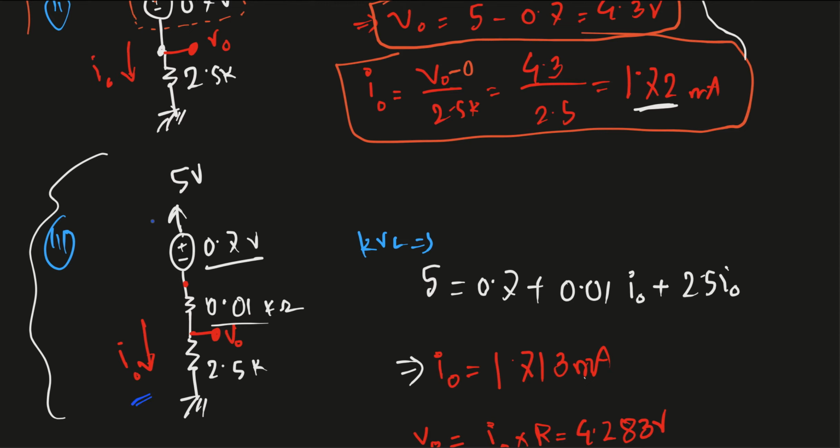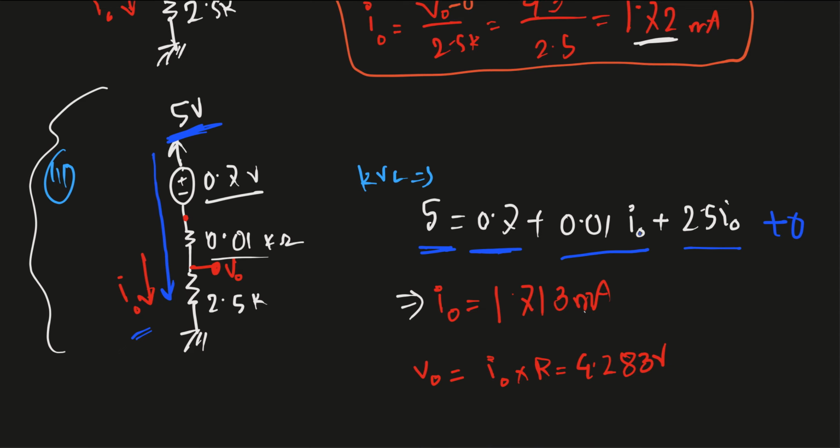If we write the KVL equation along this line, we can write the starting node voltage 5 is equal to the voltage of the voltage source plus the voltage drop across the resistance, which is 0.01 I naught, and then the voltage drop across this resistance, 2.5 I naught, plus the voltage of the ending node, which is 0. From this equation, the only unknown is I naught, and we can easily find it, which will be 1.713 milliampere.